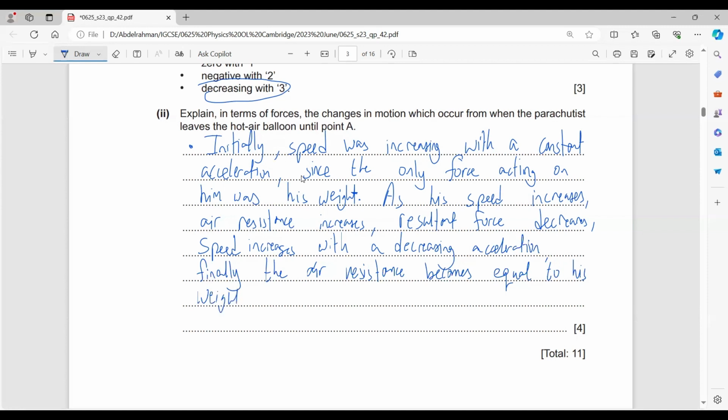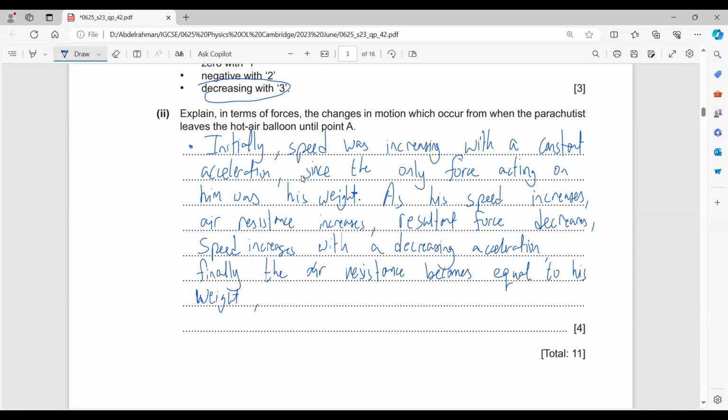Finally, when the air resistance is equal to his weight, that's why we said he will reach a state of equilibrium, meaning that zero resultant force is acting on him, meaning that he will be falling at a constant speed.